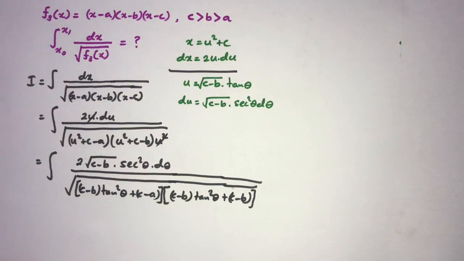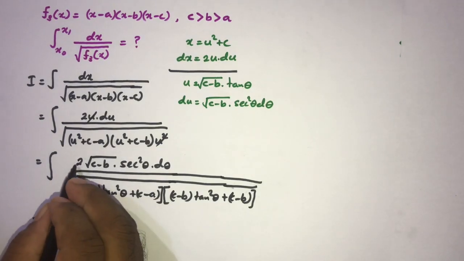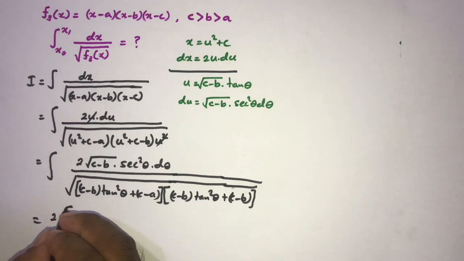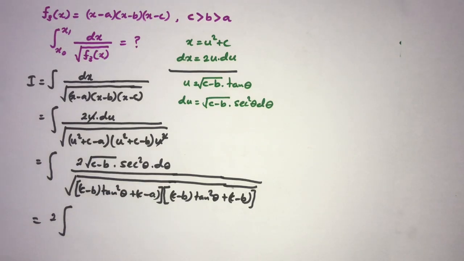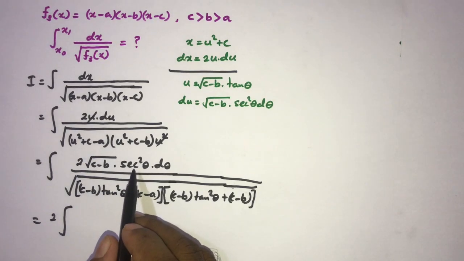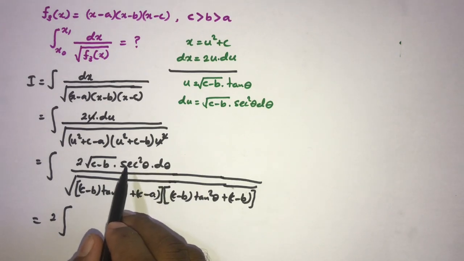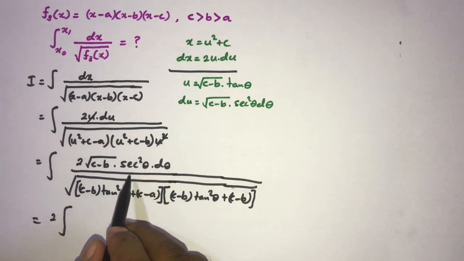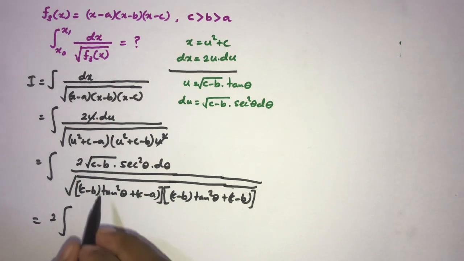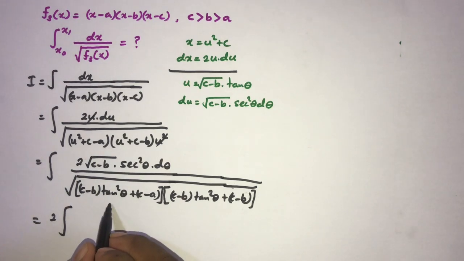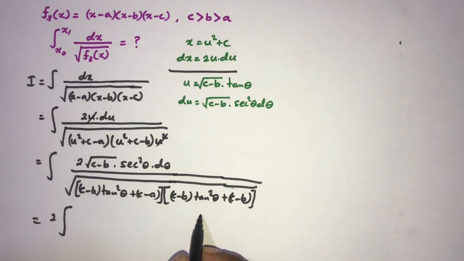Then we can simplify. Here 2 is a constant, so we can write it outside of the integral sign, and here secant square of theta, we know secant square of theta is equal to 1 over cosine square of theta, here also sine square over cosine square, here also sine square over cosine square, so cosine square gets cancelled.